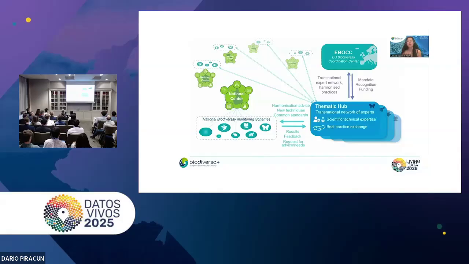So they would group the technical expertise from a scientific point of view, and also provide a platform for exchange of best practices and see what is being done by the experts on your same topic, but elsewhere. And all of this would allow a more harmonized idea, linking the national efforts to the European level results.